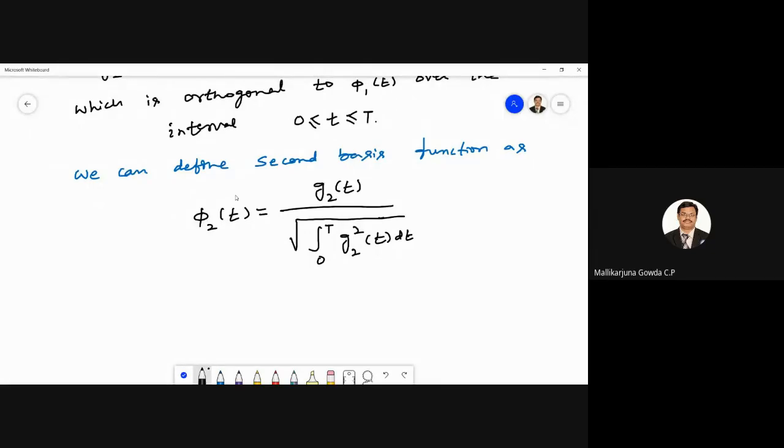To find the second basis function, I define pi 2 of t as G2 of t divided by the square root of the integral 0 to t of G2 square of t dt. Is this fine?